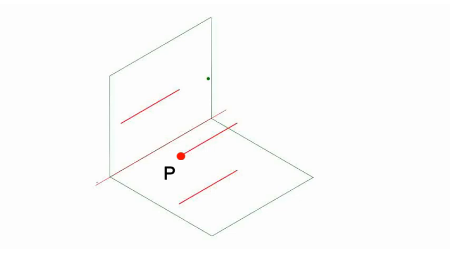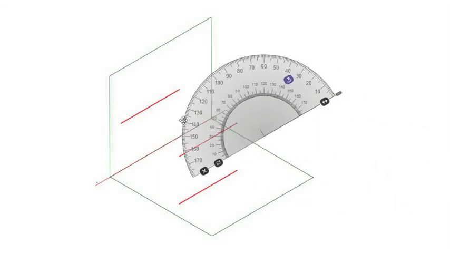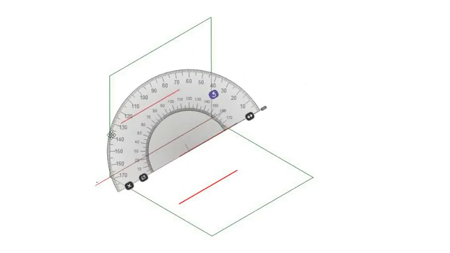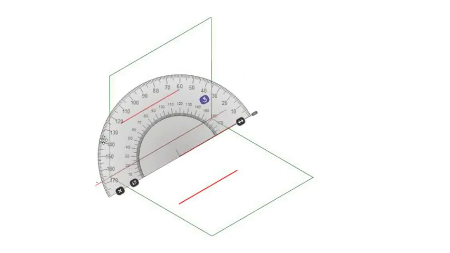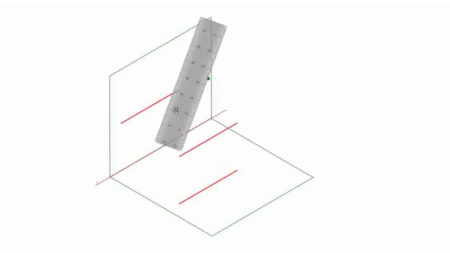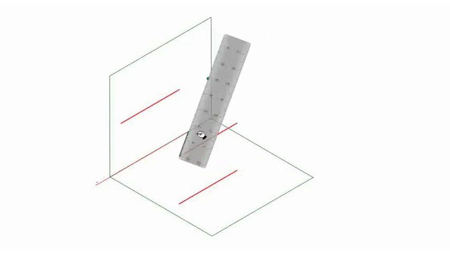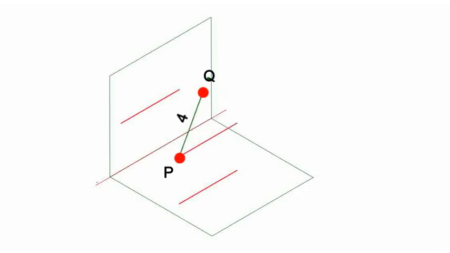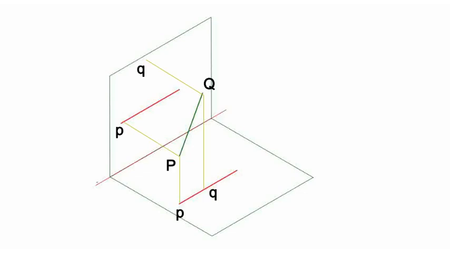From point P, we draw the second endpoint Q, such that the line makes 40 with HP. Now, we project P and Q onto the two planes.